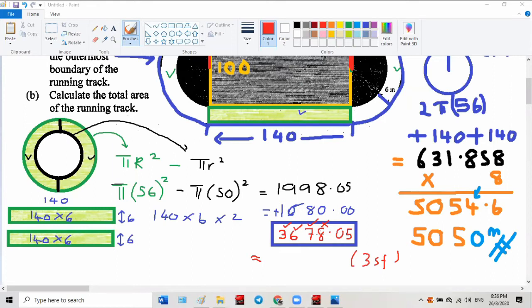I don't want the rest because it's not a significant figure that I want. But before I drop, it's 8. What must I do? 3, 6, 8, 0. That's all. I don't even need the decimals. Okay, that should be the answer. For this area, you must put meter square.